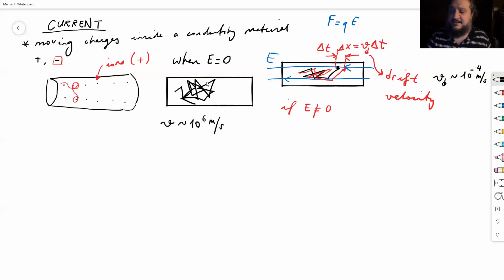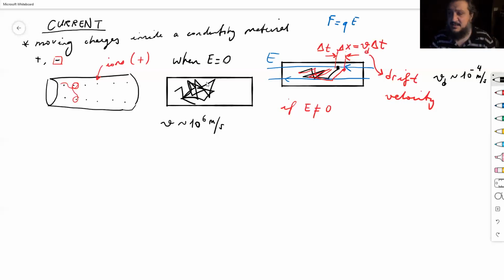You don't have to have an electron go all the way. Let's say it's a 10 centimeter long copper wire. You don't really need one electron to go all the way from left to right. By creating this electric field, you're telling all of the free electrons in that conducting material to move almost at the same time, because changes in the electric field propagate with the speed of light.